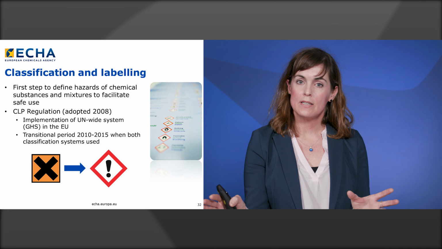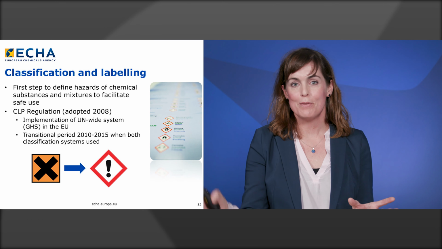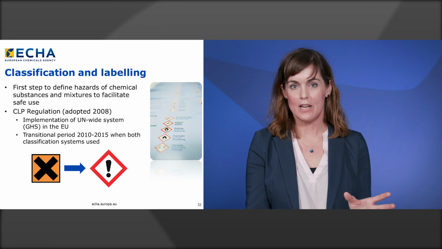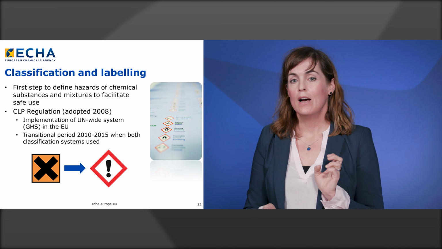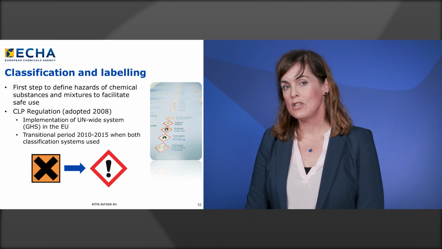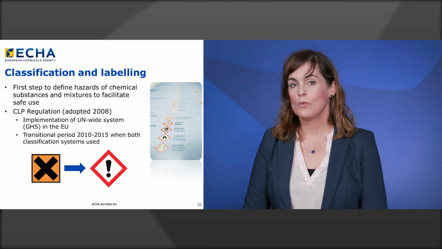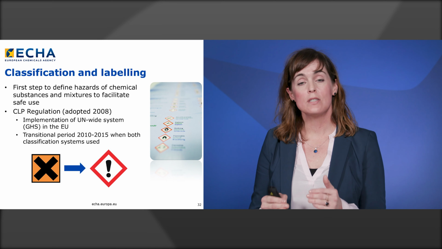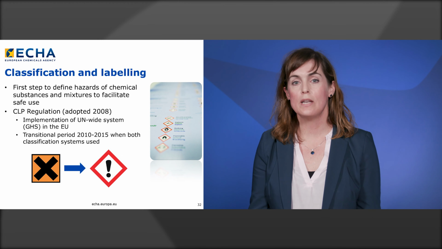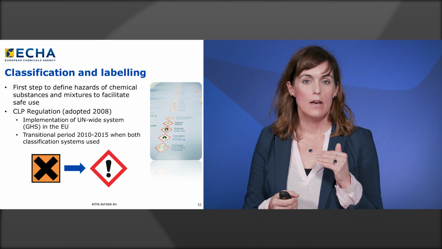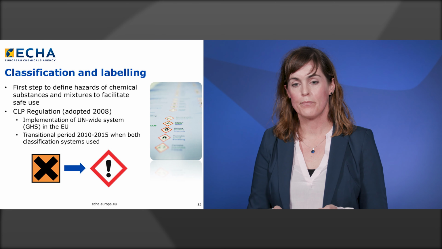And the work of doing this has continued, and we are constantly implementing new harmonized classification and labelings of substances in the EU. What I also wanted to say here is that classification and labeling are also, in a way, a risk management tool. There are several sector-specific legislations that look into the classification of substances as a way of excluding certain uses, like toys, for example, and other sector-specific legislation.